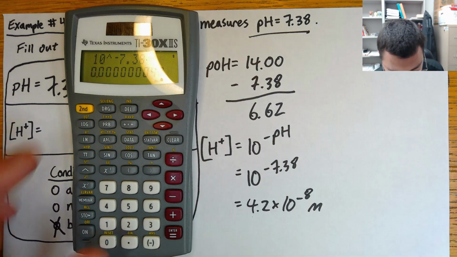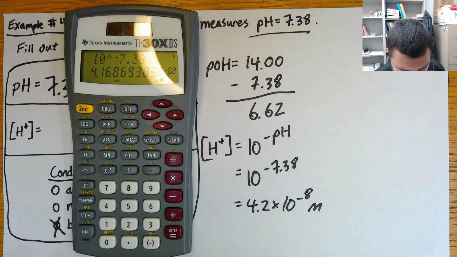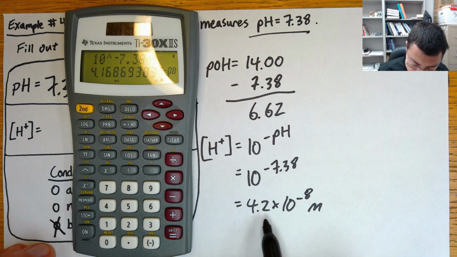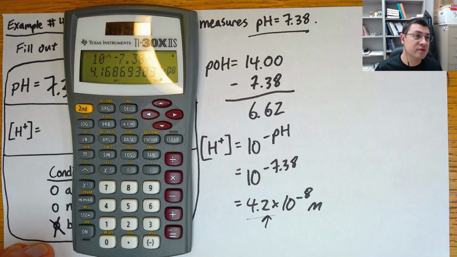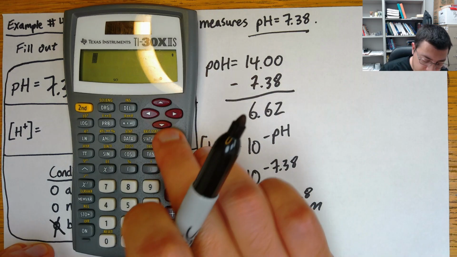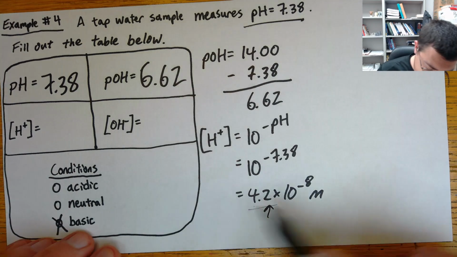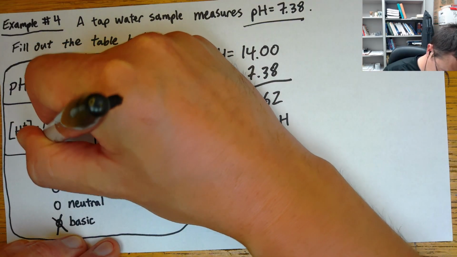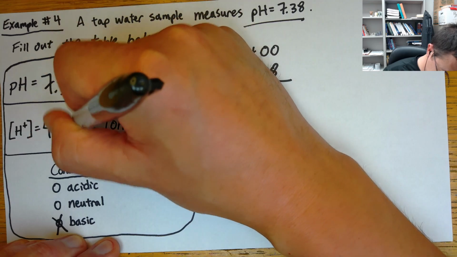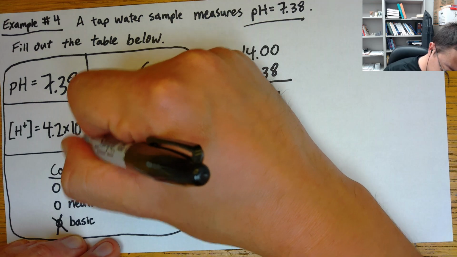Looks like it didn't need parentheses. Scientific. Yeah, so that was the result, but we're only supposed to go to 1 sig fig, or 1 decimal place anyways, if our pHs had 2 decimal places. Okay. Might as well stay in scientific mode there. So we're almost done. 4.2 times 10 to the minus 8 molarity.